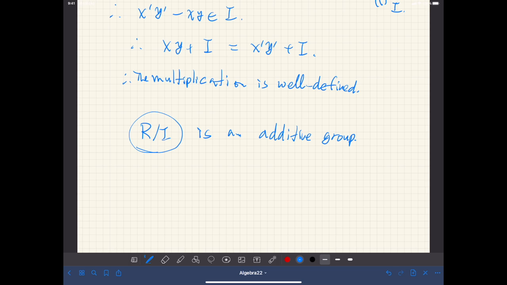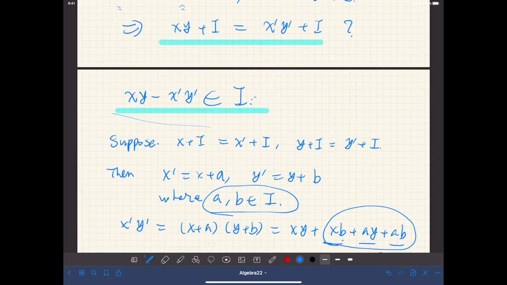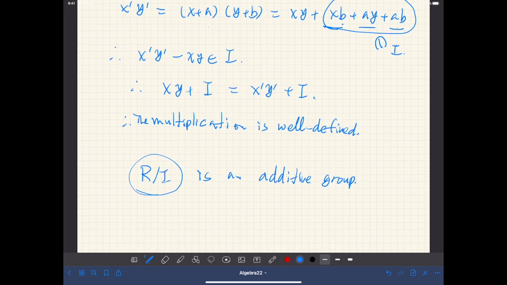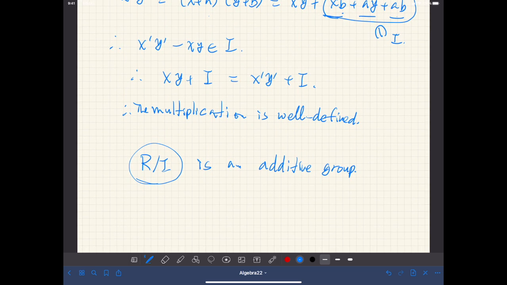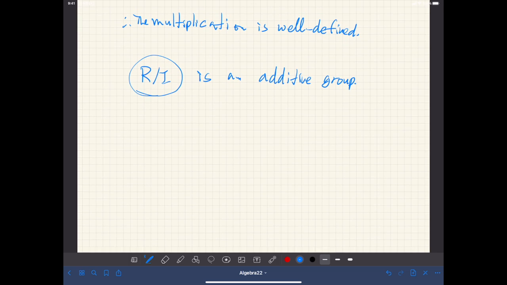So let's show that. We know that the multiplication is closed. We just showed that multiplication is well defined, so that's okay. And the remaining thing to show is the associativity of multiplication. So let's show that.